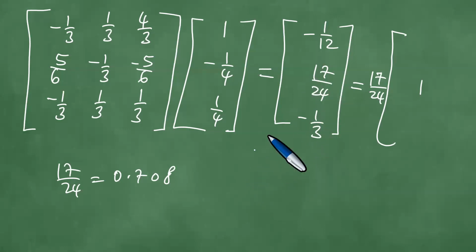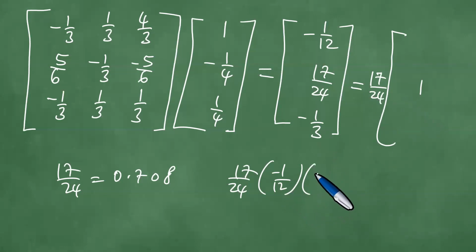So in other words, if you are to multiply these by 17 out of 24, you have minus 1/12. What would you need? You would need 24 out of 17, so that when you multiply this by this, it becomes exactly that.